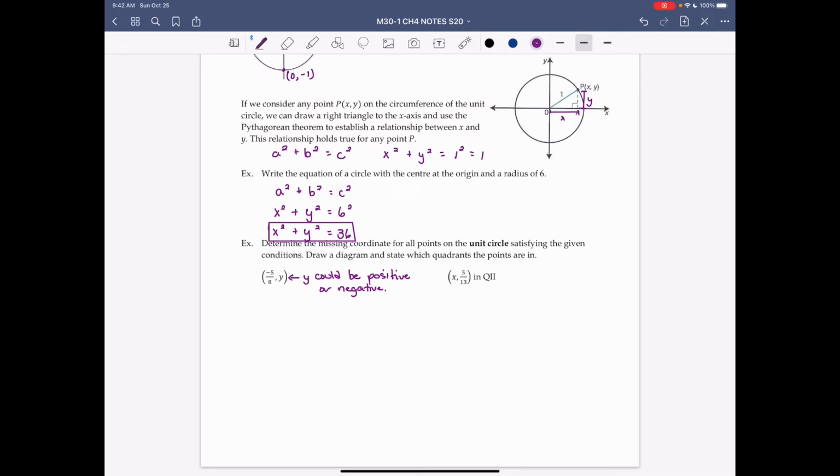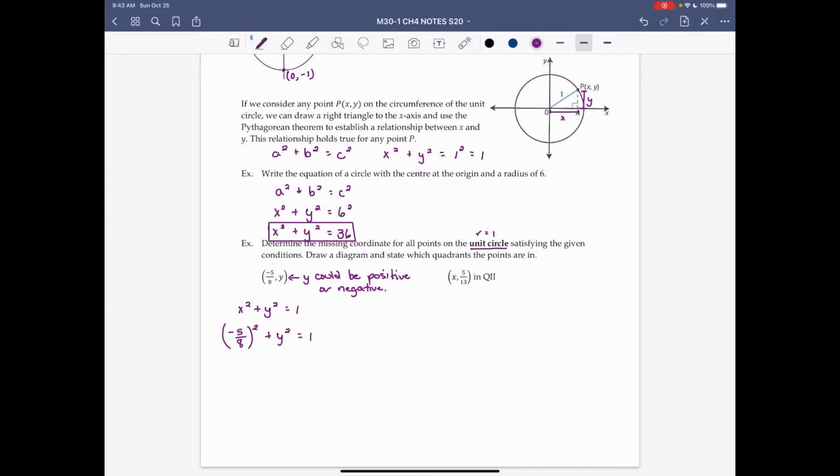We know that this point is on the unit circle, which means the formula x squared plus y squared equals 1. Unit circle means radius equals 1. Then we can plug in our x value, negative 5 over 8 in brackets squared plus y squared equals 1.